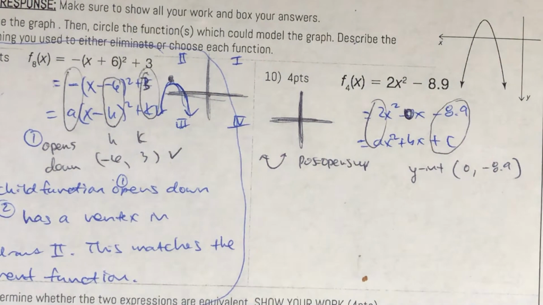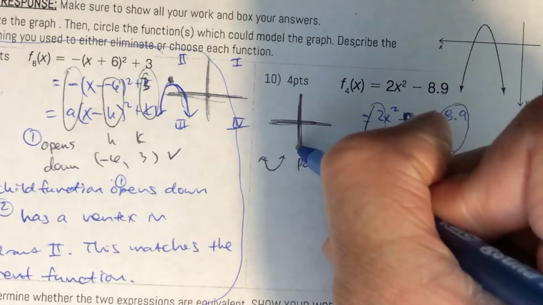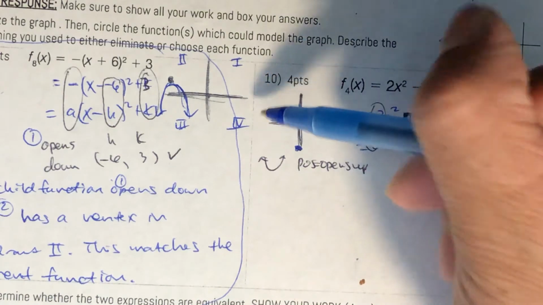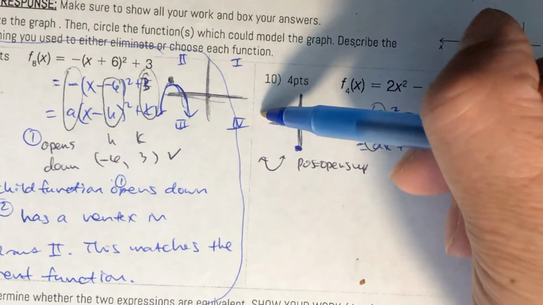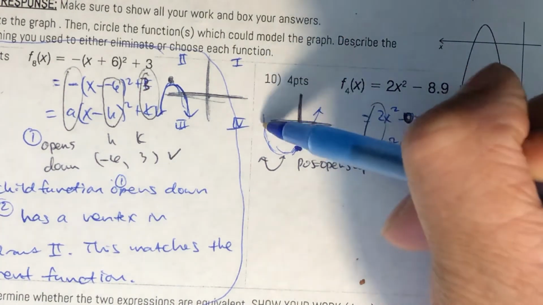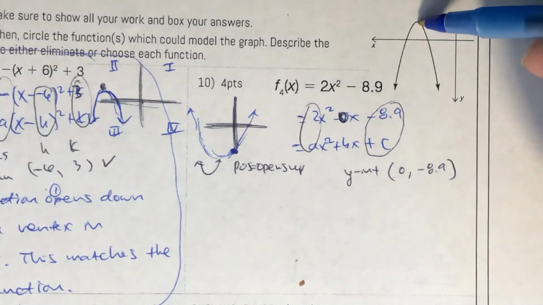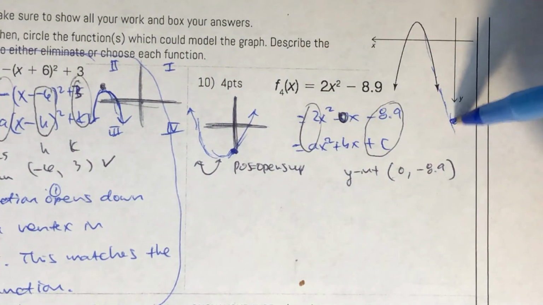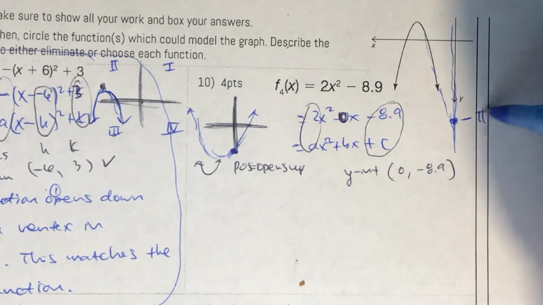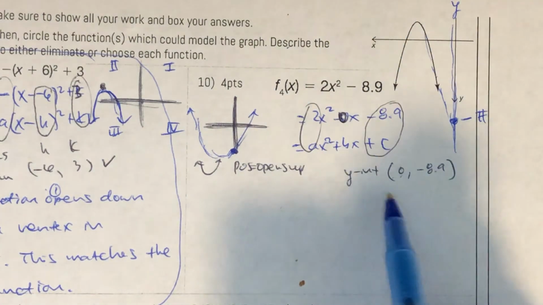Let's go ahead and graph that. So a Y-intercept at negative 8.9, like this. And it opens up. It could look like something like this. Now this graph, our parent graph, could actually cross at a negative value. That's a negative number on the y-axis, right? So you could have a negative y-intercept, which matches ours, but not the opening.